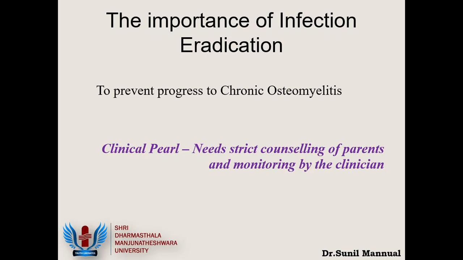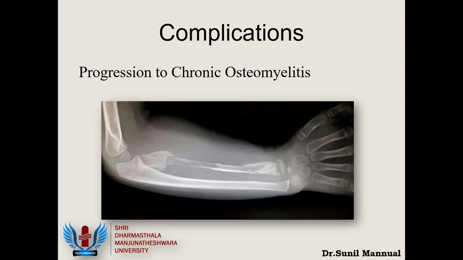Now coming to the complications. I told you the most common reason for chronic osteomyelitis is inadequate treatment of acute osteomyelitis. Here you see a picture of a radius osteomyelitis that is now progressing into chronic osteomyelitis.